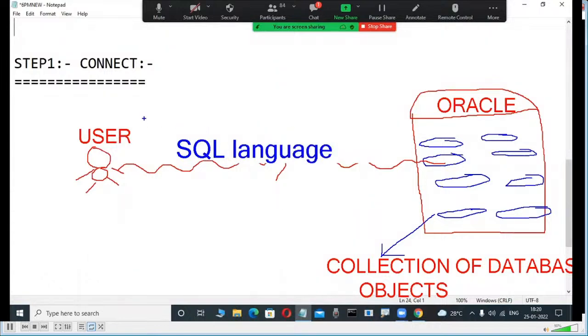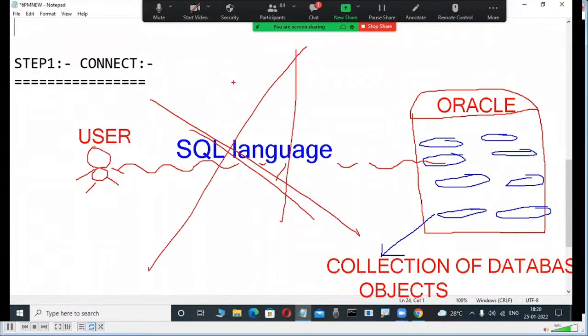Directly, any user interacting with the Oracle database is impossible. This database is a server. Users directly connecting to the server is impossible. Direct interaction is not there with a database server. First the user connects to a tool, and only through that client tool or query tool do they connect to the server. This is important.